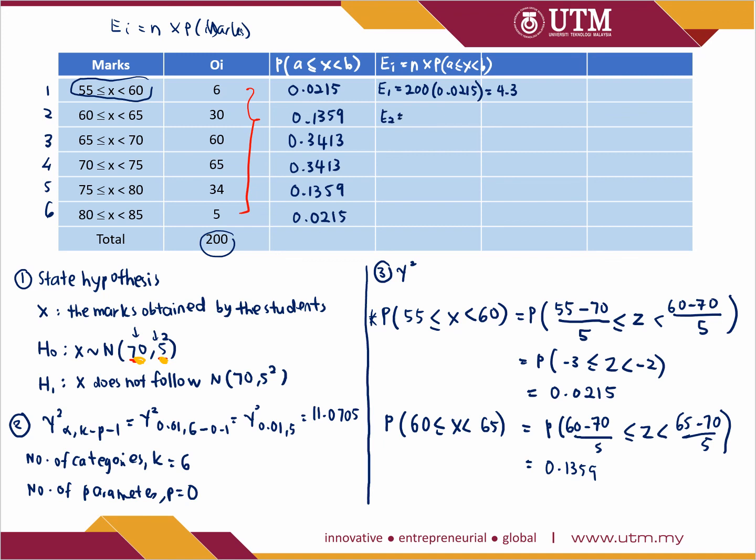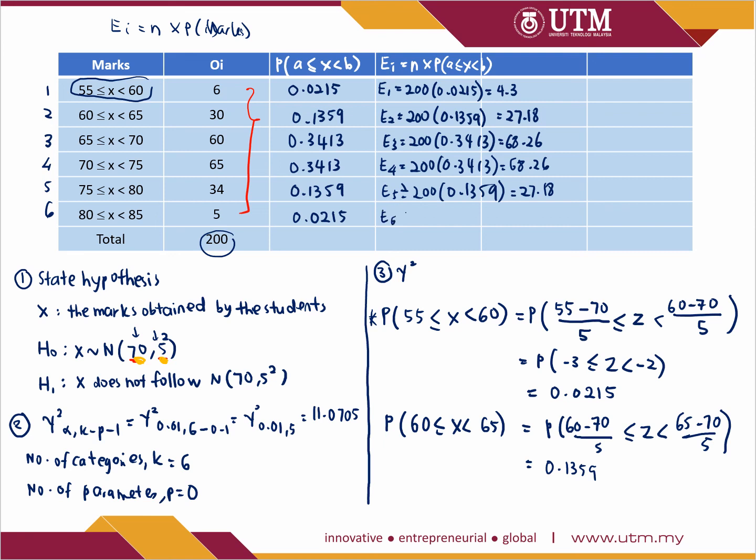For E2 it will be 200 times its probability, and likewise for the third, fourth and fifth categories and the last one.